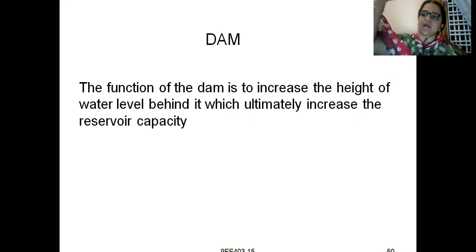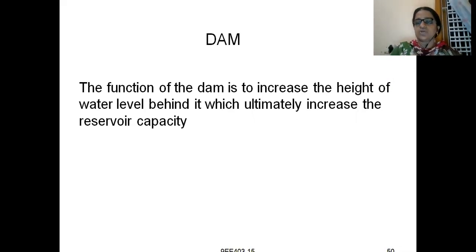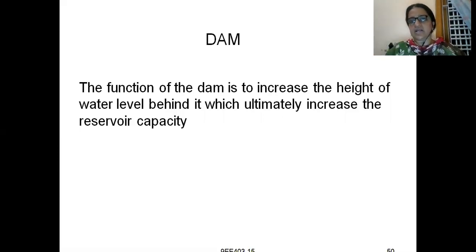The reservoir will just store the water, but you need to provide potential energy. So in order to provide potential energy, you need to construct a dam at a very heighted place.